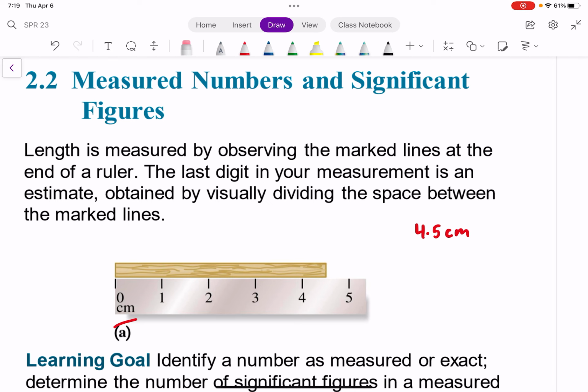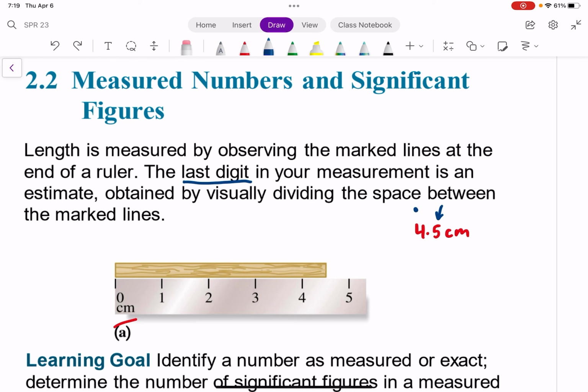That checks out, because the last digit in your measurement is always an estimate. I'm estimating that this piece of wood is about 4.5 centimeters, but I don't know for sure. If there was a tick mark here, I could say with more certainty that it was at 4.5. But because there isn't, I have to estimate that last digit.